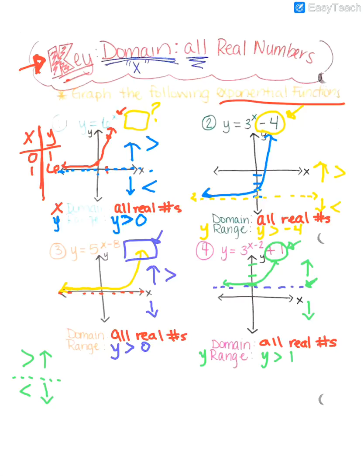Another thing to keep in mind is whenever you're looking at your equation, there's a little trick there. If you have a fraction before the exponent, your exponential will be going from left to right. It will be going down.